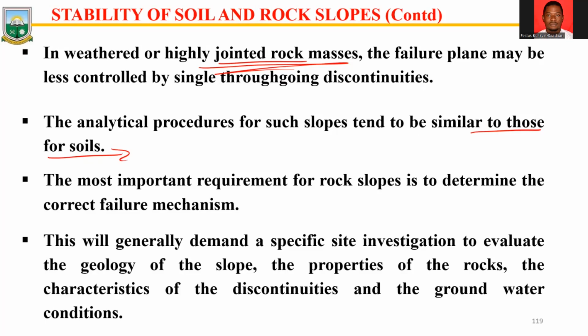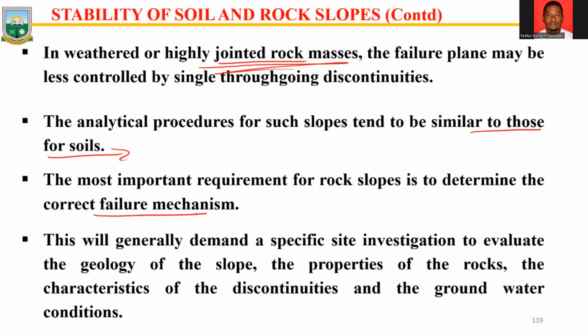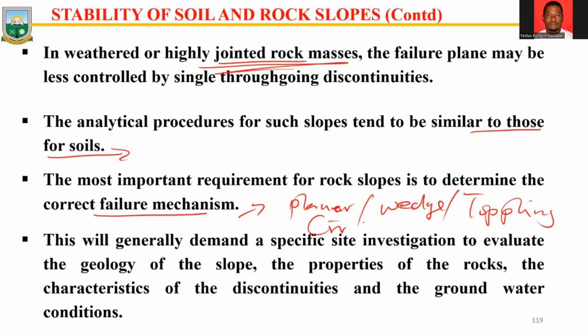Then the most important requirement for rock slope is to determine the correct failure mechanism. So you have to understand whether the failure that is likely to occur is going to be planar, or wedge failure, or toppling, or circular failures.